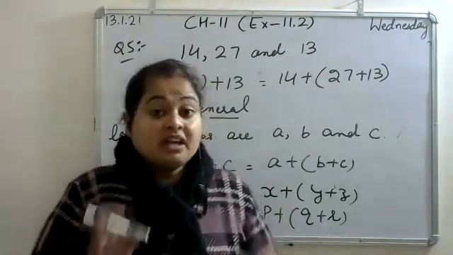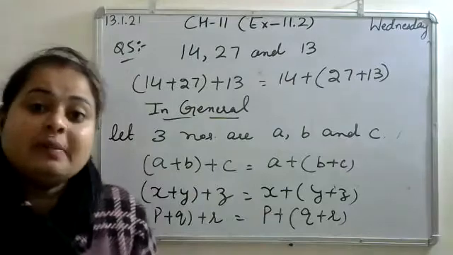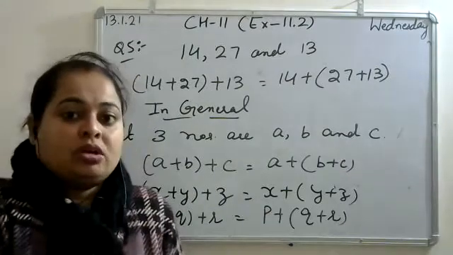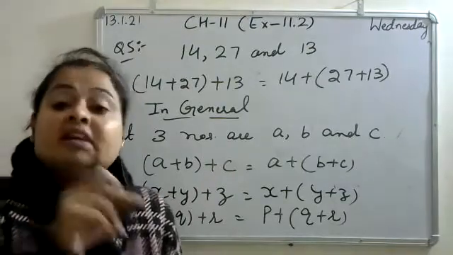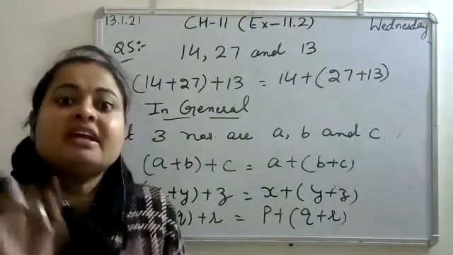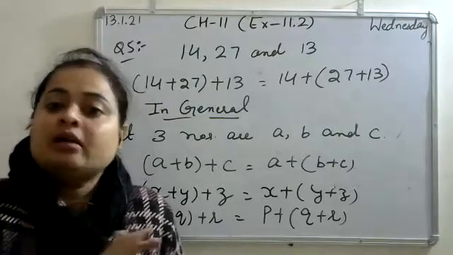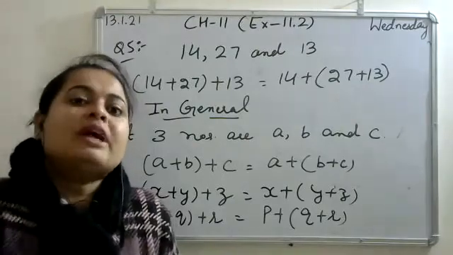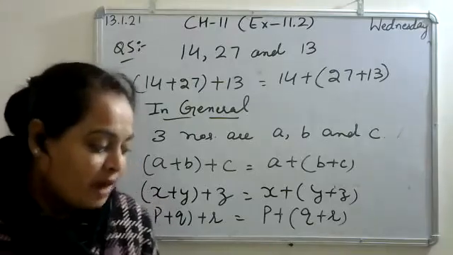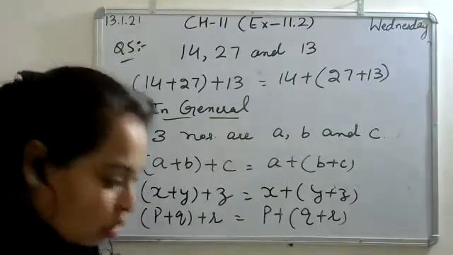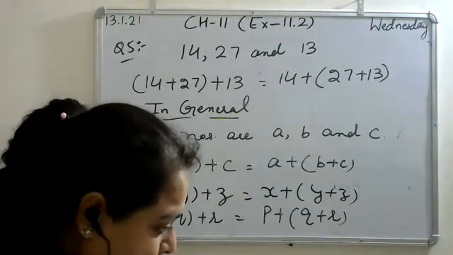But if the variables are already given in the question, then you have to use the given variables. But if variables are not given, then you can use variables according to your wish. So there is no hard and fast rule. Fine. Now come to the next.